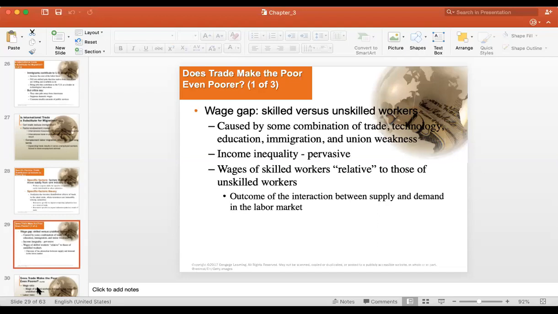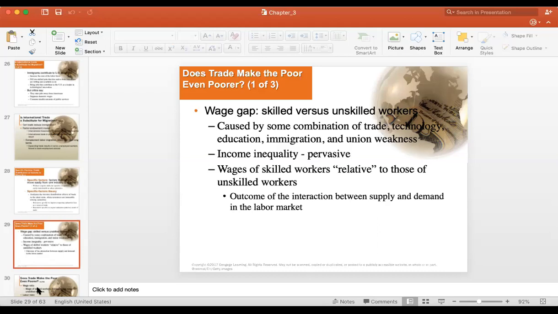So we're going to be working with ratios on both axes. On the vertical, relative wages, skilled over unskilled. On the horizontal axis, employment of skilled over unskilled.